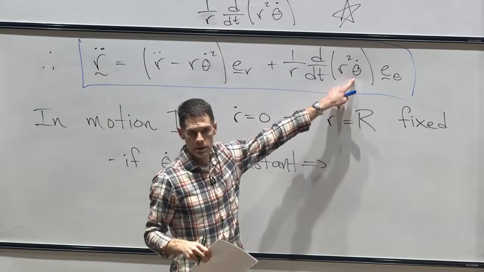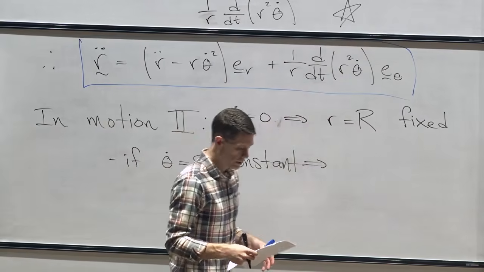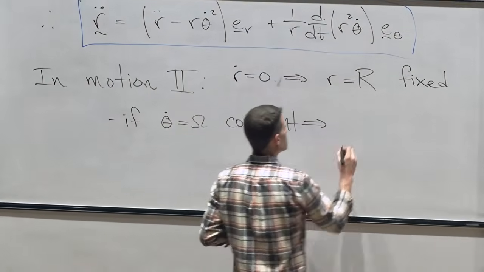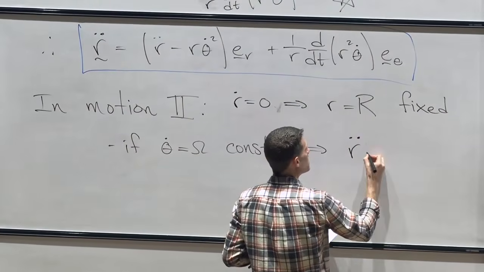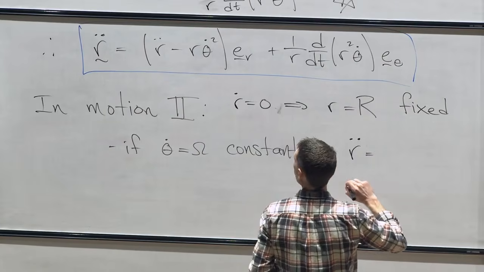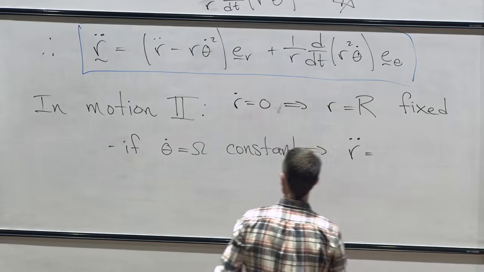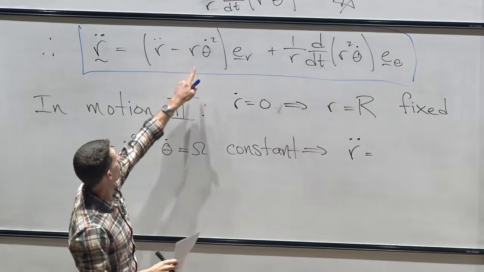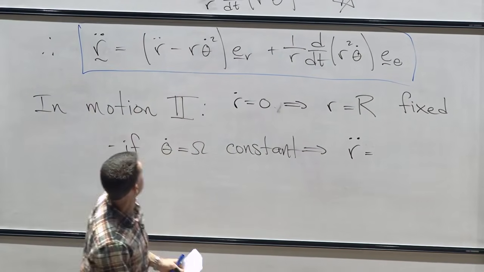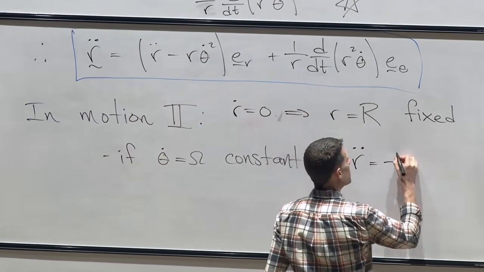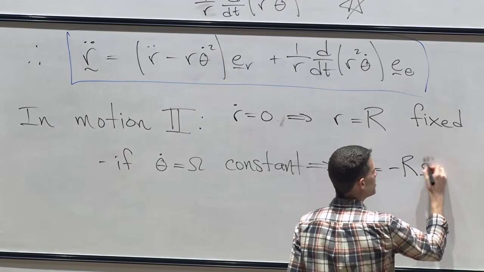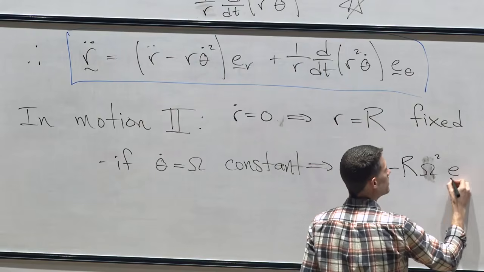Then that's a constant times a constant, so d dt of that is 0, which means that r double dot is just minus r. Right, so this whole term drops out, that term drops out, and we're left with just this term. So r double dot is minus capital R theta dot, which we're calling omega, squared er.